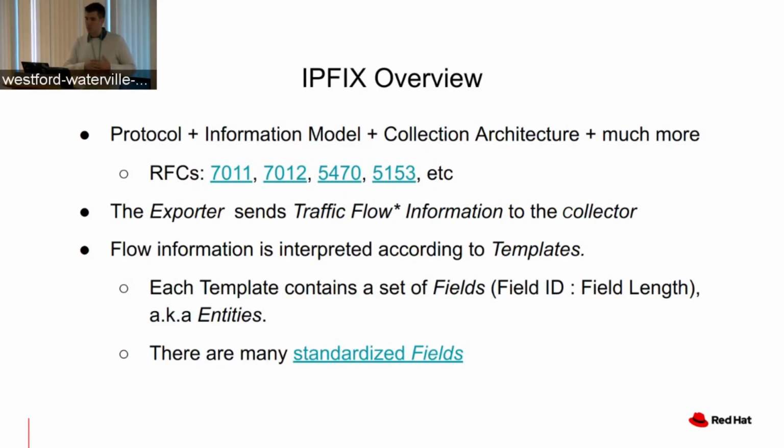And so each template defines a set of field IDs, lengths, and so on, which are called entities. There are many standardized entities. When the exporter sends this information, the collector can now interpret the information that it's receiving and parse it.